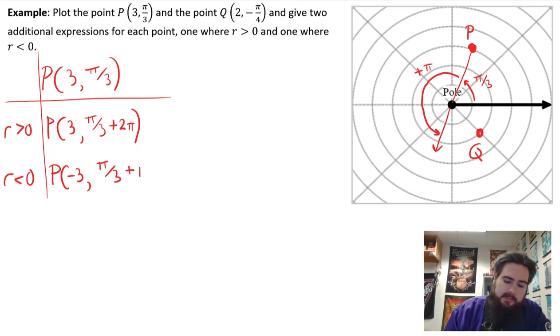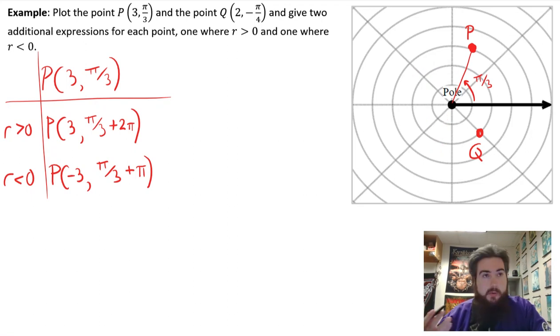So I can come up with another representation by adding pi. Or maybe you wanted to subtract pi. That would also work. Maybe you want to add 3 pi. That would also work, as you'd be adding pi and then finding another coterminal angle measure. There are many ways to represent this, but because the question doesn't restrict what theta needs to be, we can go with anything.